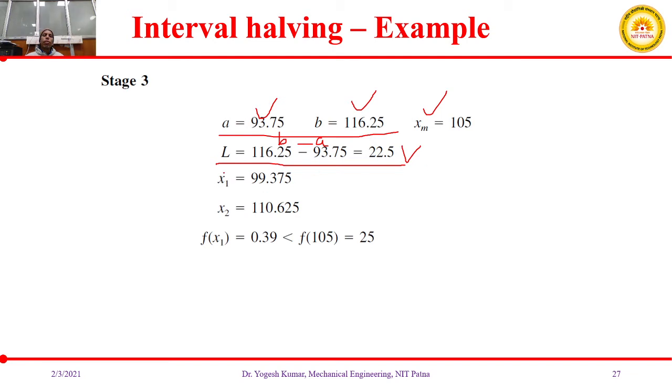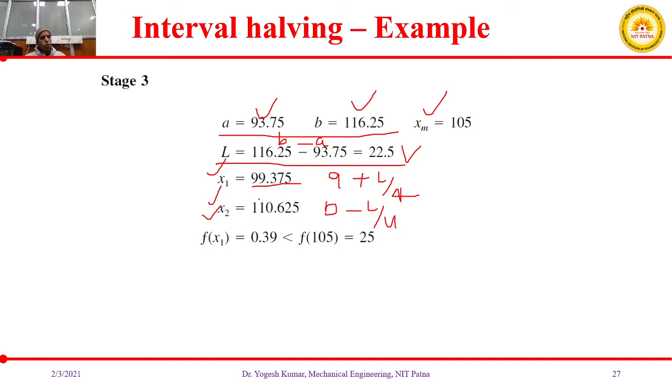Then calculate the new values of your x1 and x2. So the new value will be A plus L by 4, and this will be B minus L by 4. Okay, so I have put the calculated values. This is x1 equal to 99.375 and x2 equal to 110.625.